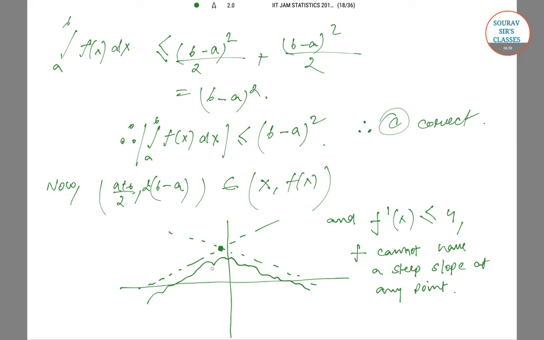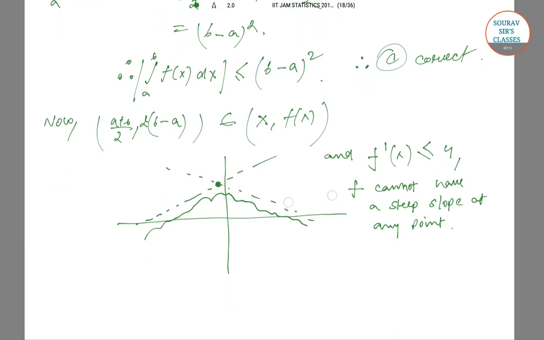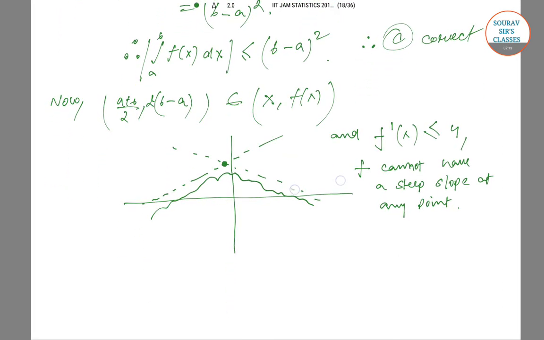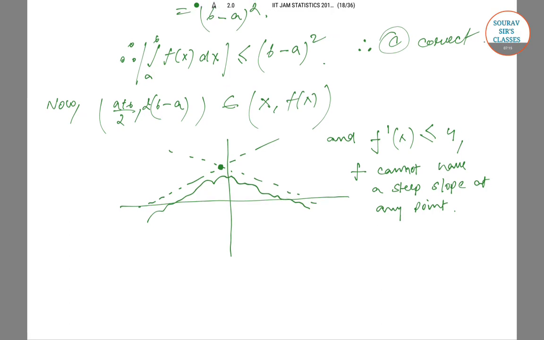Since f'(x) is less than or equal to 4, the function f can never really go above these lines, and hence it cannot have a point of differentiability at this point. This can be easily proved also by using Lagrange's theorem or the mean value theorem, I guess.